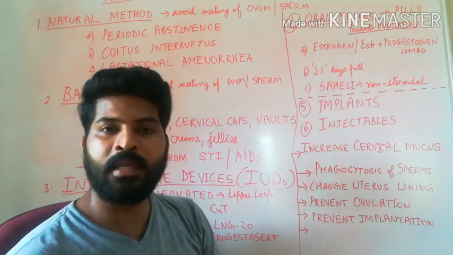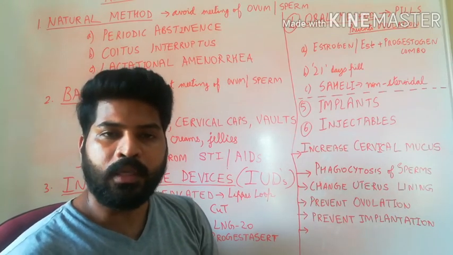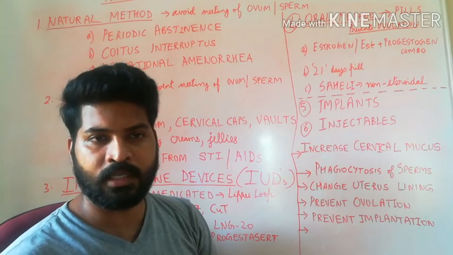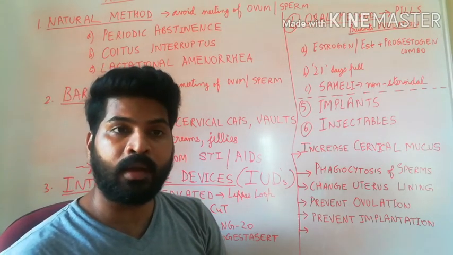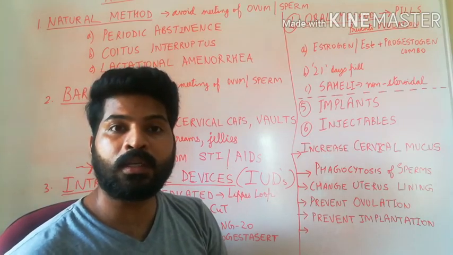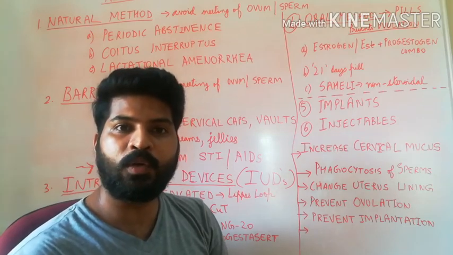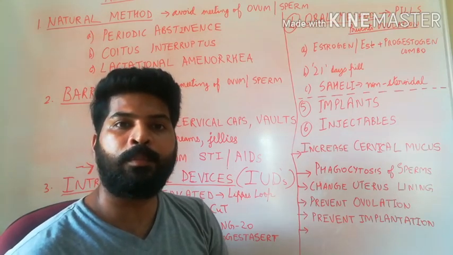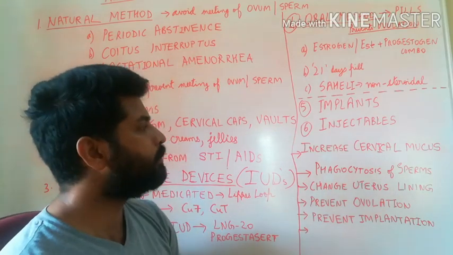An injection is administered to the female, which contains mostly estrogen or estrogen plus progesterone combination. These injectables are very important, especially in cases of sexual crimes like rapes. So these injections can be quickly administered to the victim to prevent any unwanted pregnancy.